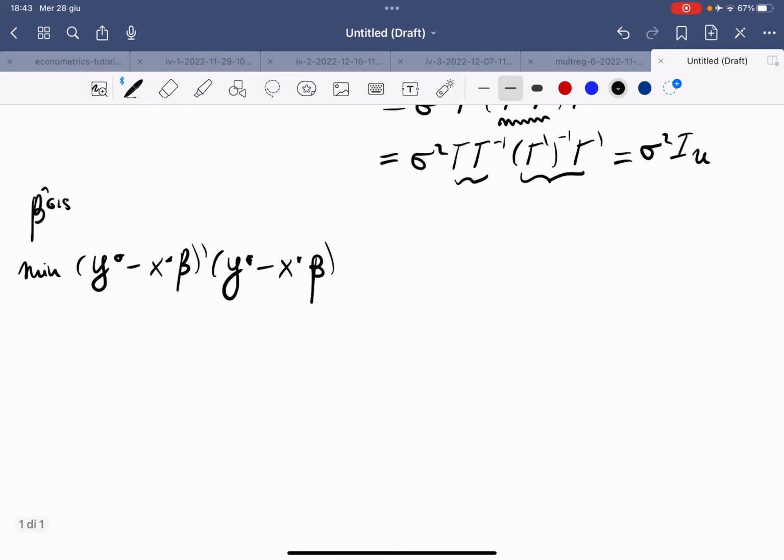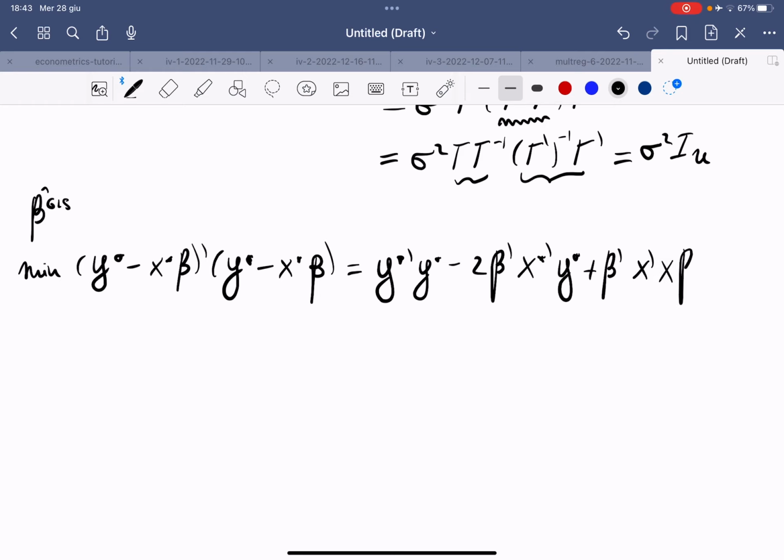If we do our computation, it will be equal to y star transpose y star minus 2 beta transpose x star transpose y star plus beta transpose x star transpose x star times beta.